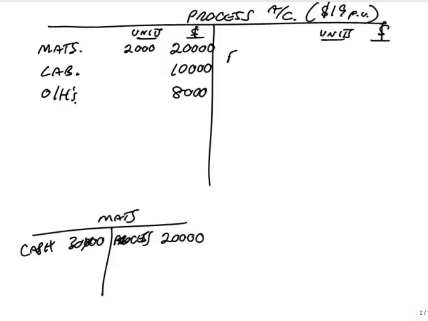We credit the process with 2,000 units. And they either go to another process, debit another process, or they're finished goods. We debit finished goods. But how much will they be valued at? It's 19 a unit. It's 38,000. And of course the T account balances.